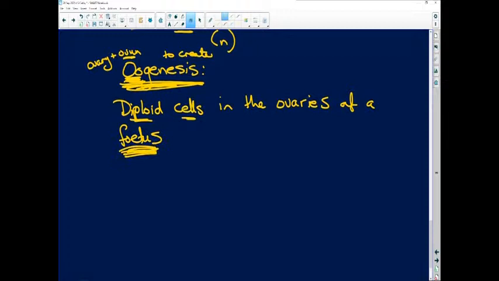In other words, this baby girl, before she's even born, the diploid cells in the ovaries of the fetus undergo mitosis. Okay, to do what? To form many follicles.